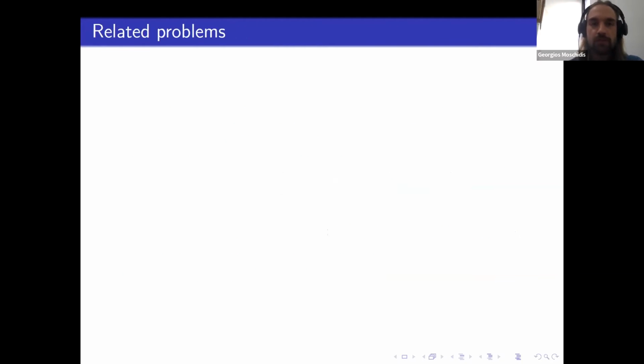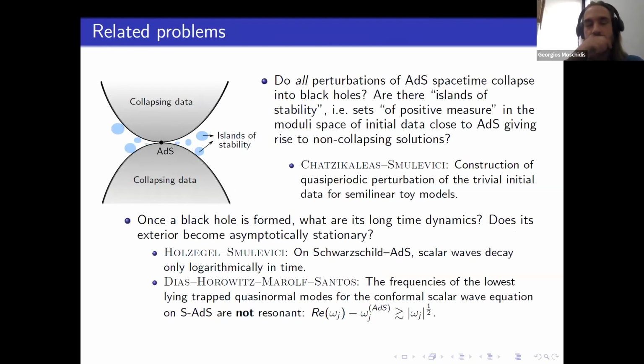But for a moment, let's stay here and discuss some related problems. As I said, the AdS instability conjecture is, if you want, the simplest possible case of turbulence appearing for the Einstein field equations, because this conjecture only claims the existence of an unstable family of initial data.